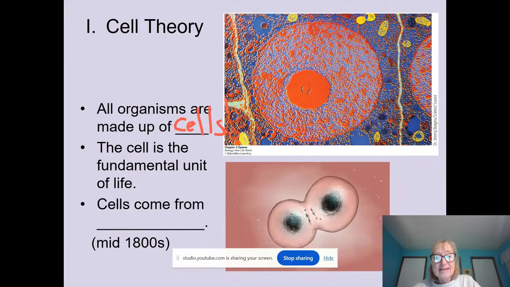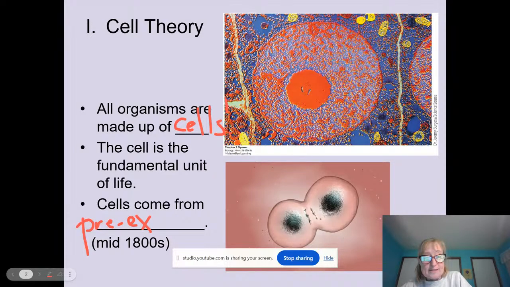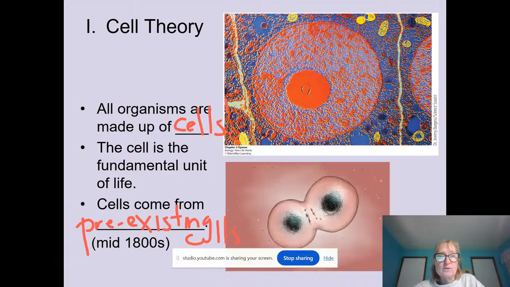And in the mid 1800s, several researchers, one researcher named Virchow, came up with a second part of cell theory that said cells come from pre-existing cells. Well, that doesn't seem like a surprise to us, but the current theory in the 1800s was sort of a spontaneous generation of cells, which obviously doesn't happen.